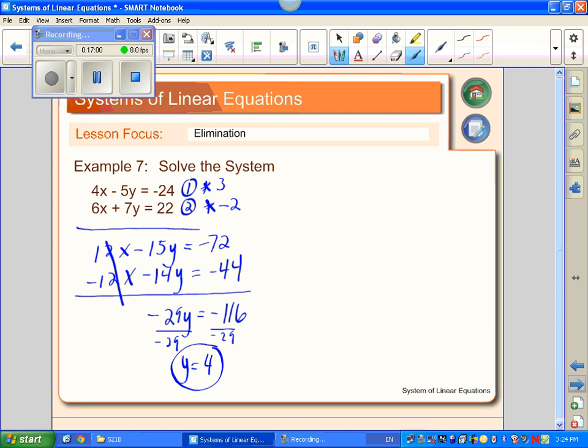So now I take 4x minus 5y equals negative 24. 4x minus 5 times 4 equals 24. So 4x. Did I check my signs there? Did I make a mistake with a sign?